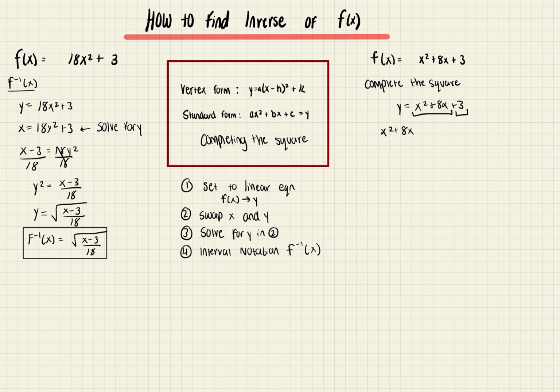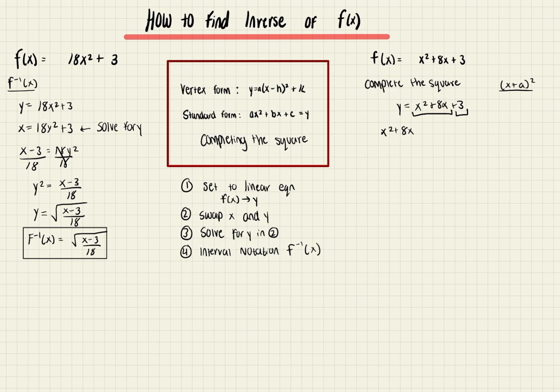And I'm going to be required to create a perfect square out of this. And a perfect square would be x plus a squared, for example. To do that, I'm going to take this b value, and b is 8. As you can see here, this is bx, or 8x.